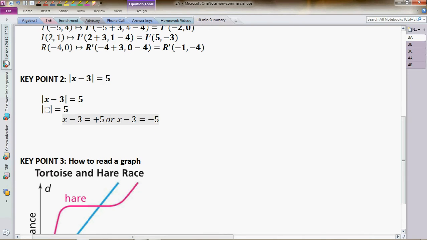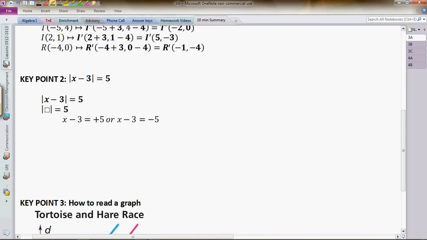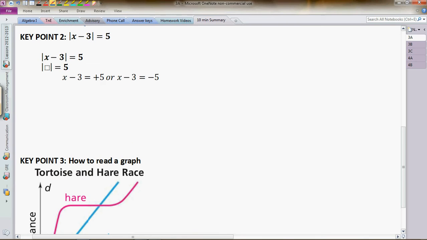And you know how to solve each equation, just simple equations. If x minus 3 equals positive 5, you just add 3 to both sides, so we have x equals 8.